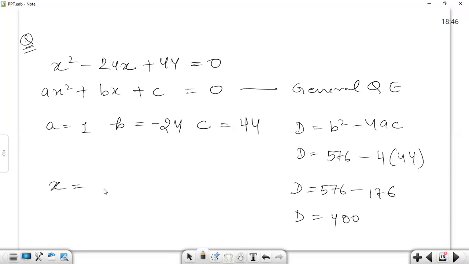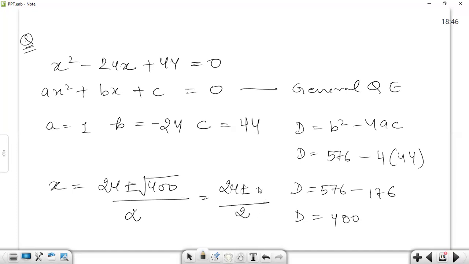Now applying the Sridharacharya formula: minus B, that is plus 24, plus minus square root of 400, upon 2A, that's 2. What is the square root of 400? 20. So 24 plus 20 upon 2 and 24 minus 20, that is 4 by 2.